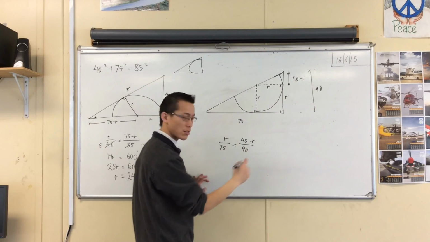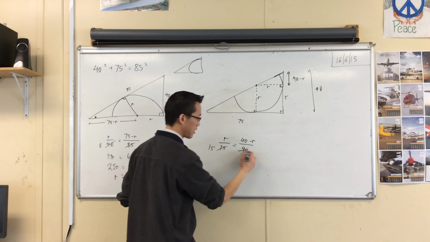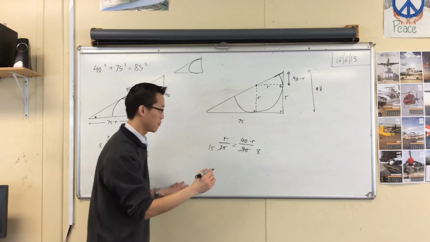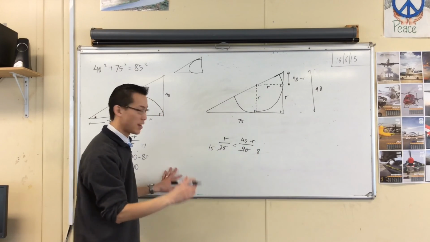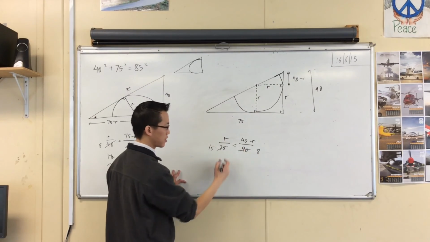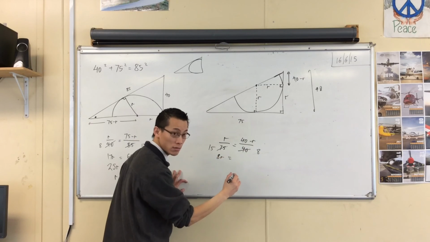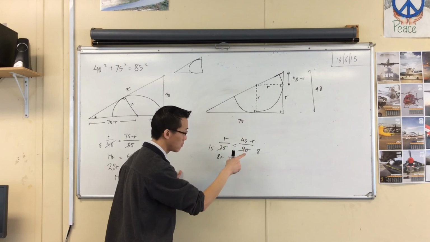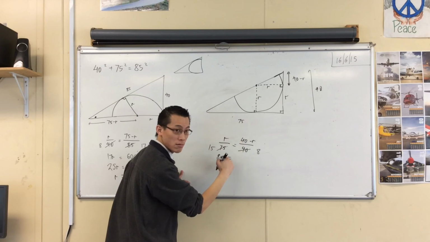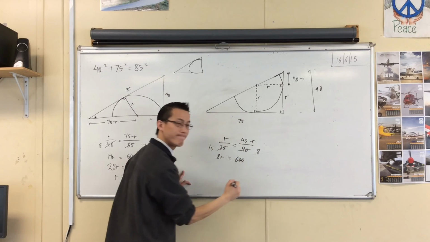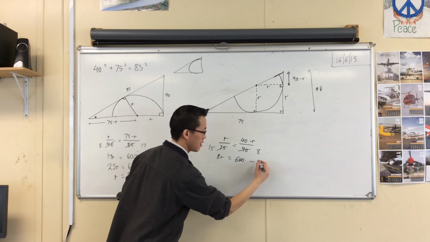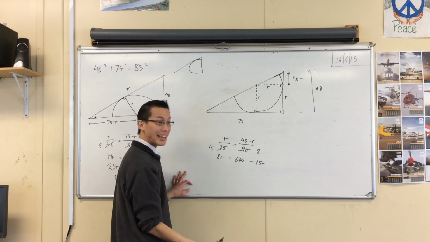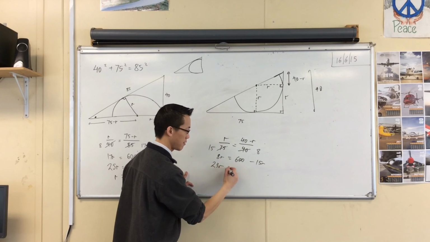Let's get rid of our factor of 5. That'll become 15. That'll become 8. Yep. So now let's cross multiply. So I'm going to get 8R over here. What am I going to get on the right hand side? 15 by 40? 600 minus 15R. So I just need to add, I guess, 23.